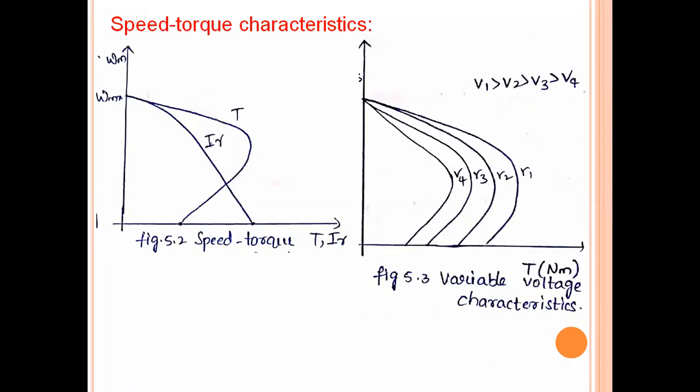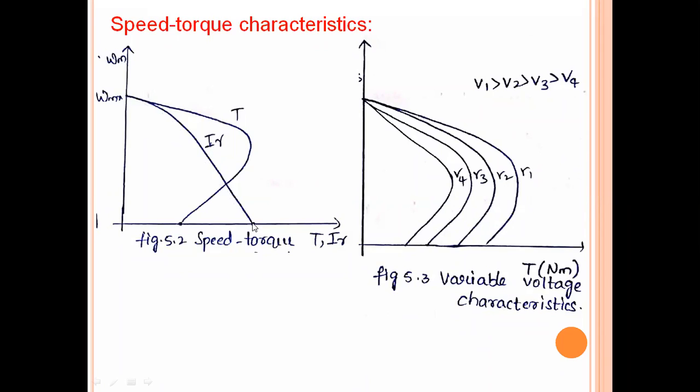When the speed decreases, the rotor current as well as the torque both increase. The rotor current continuously increases until the speed reaches zero.